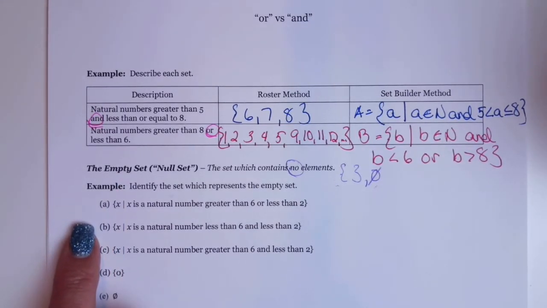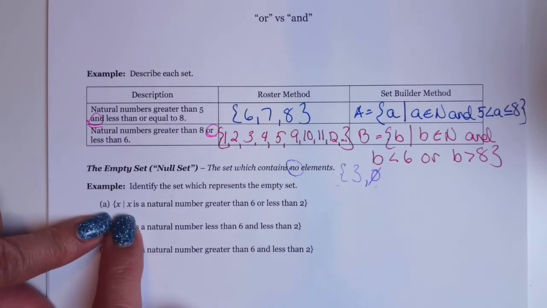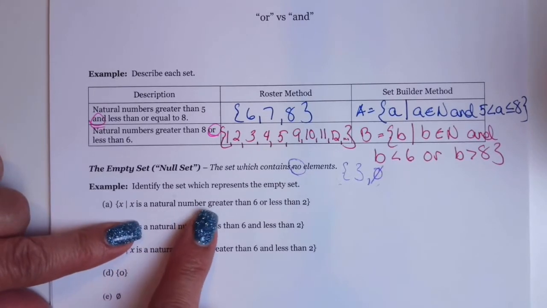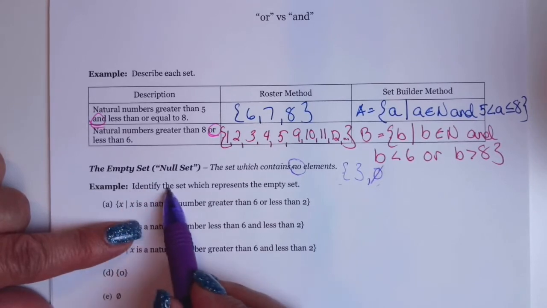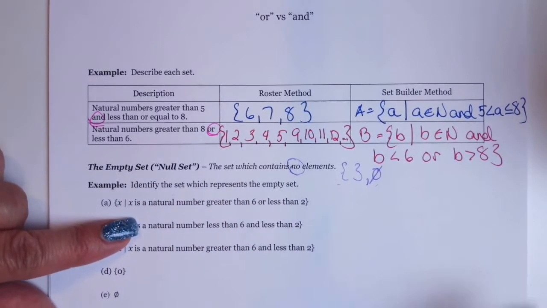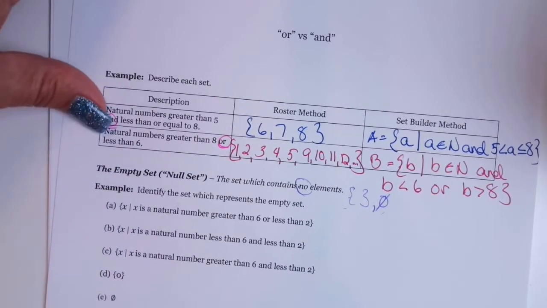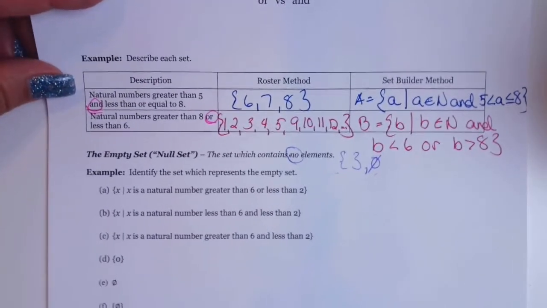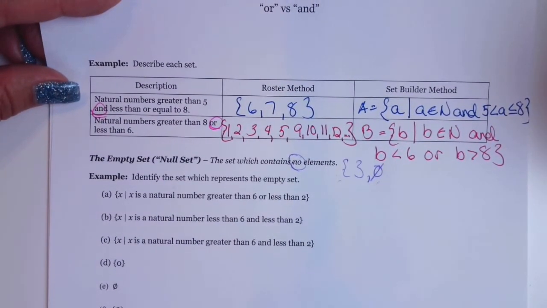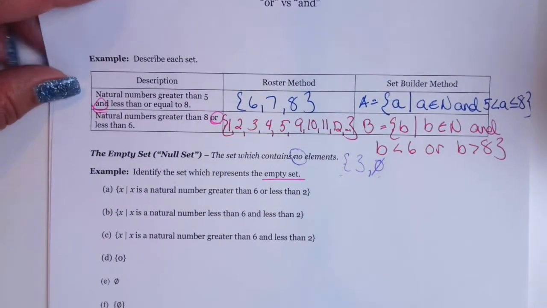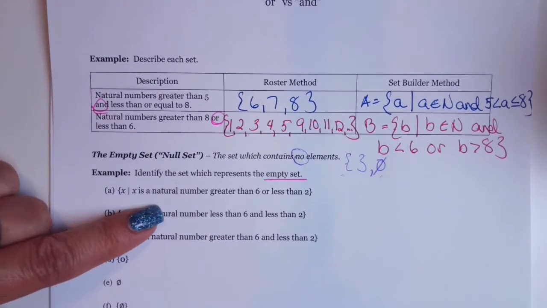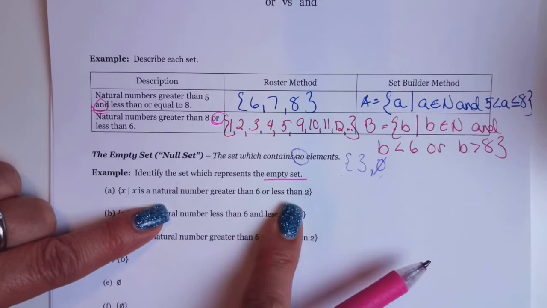Next, we have an example. A. x is such that x is a natural number greater than 6 or less than 2. So we are identifying the set which represents the empty set. Okay, let's try this again. x is such that x is a natural number greater than 6 or less than 2.